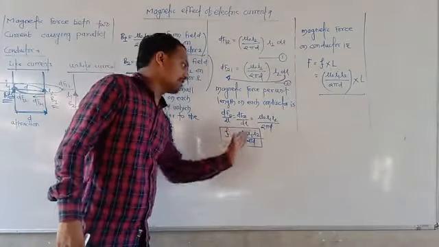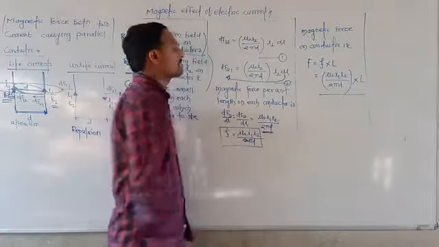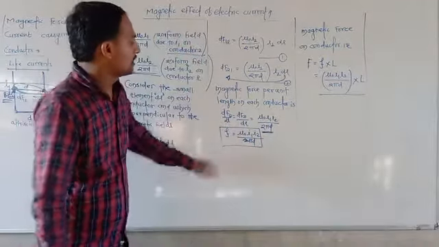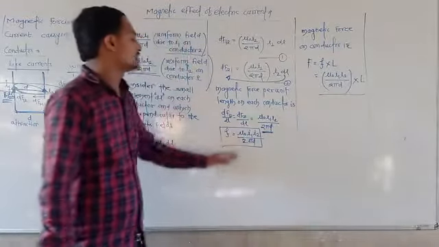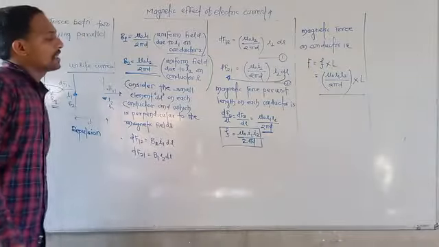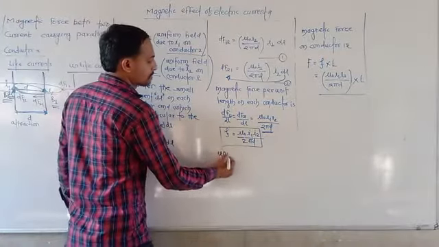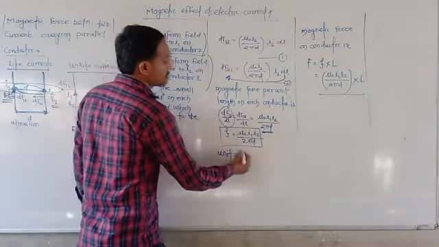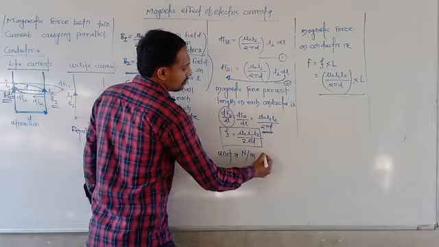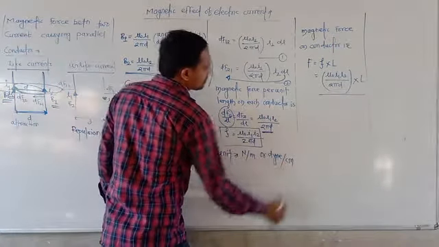Each conductor has the same magnetic force per unit length, and we denote it by small f, which is equal to mu 0 I1 I2 upon 2 pi d. The SI unit of this force per unit length is newton per meter, or in CGS, dyne per centimeter.